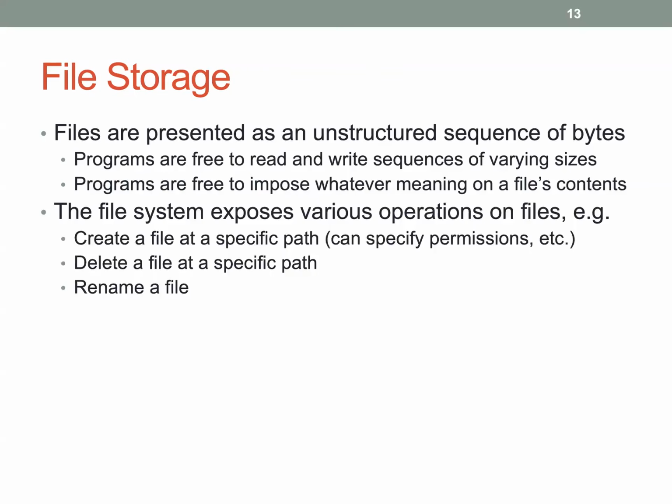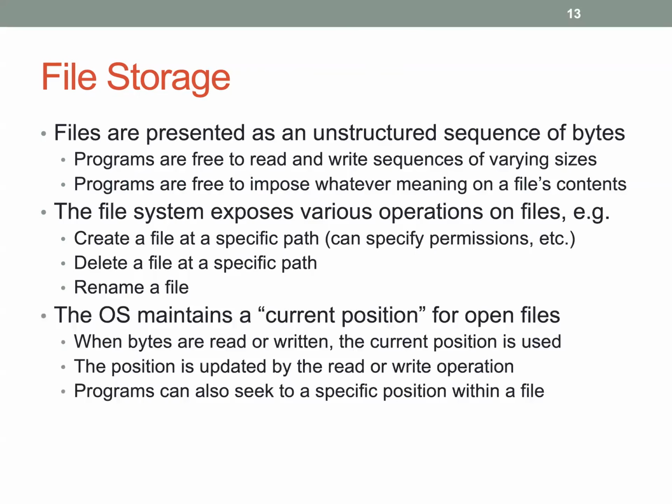Let me say here, operations on files: create a file at a specific path, delete a file at a path, rename a file, truncate. I mentioned truncating or extending a file. And when an application is reading or writing the file, the OS maintains a position. And on Unix, it's exposed. You can modify the position using an lseek operation to move forward or backward.